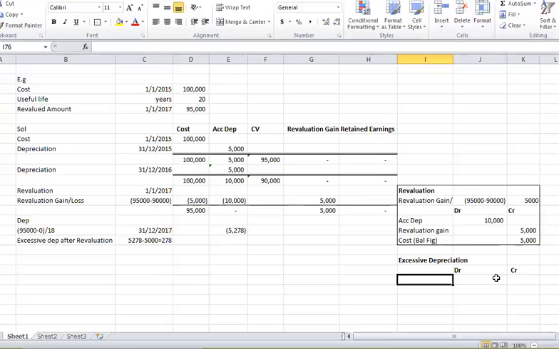Excessive depreciation will be shifted from revaluation gain to retained earnings.